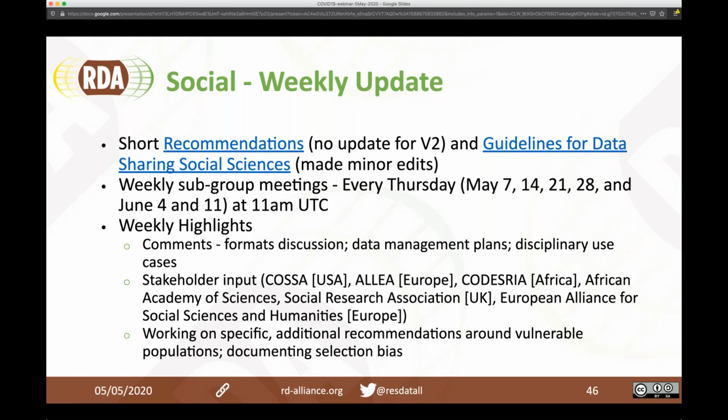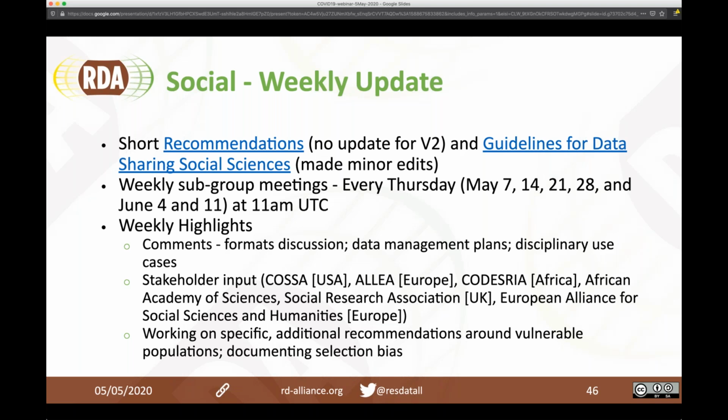When we met last Thursday in our subgroup meeting, we spent time talking about the use of proprietary formats, or not using proprietary formats, because we had some comments on that in our guidelines. So that moved some of our thinking along in that regard. We discussed also data management plans and how best to support data management plans amongst social science researchers.